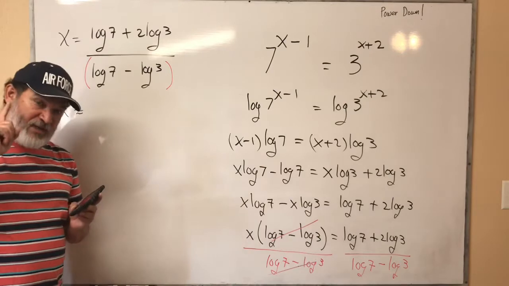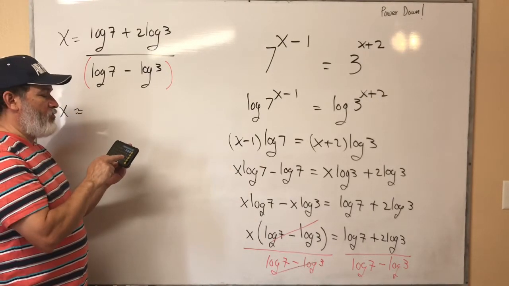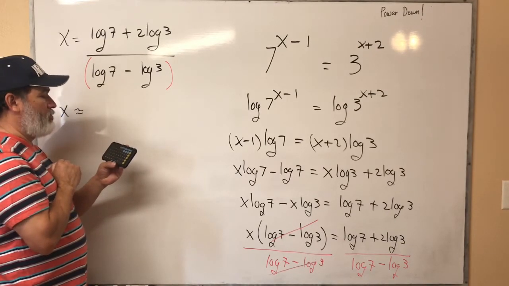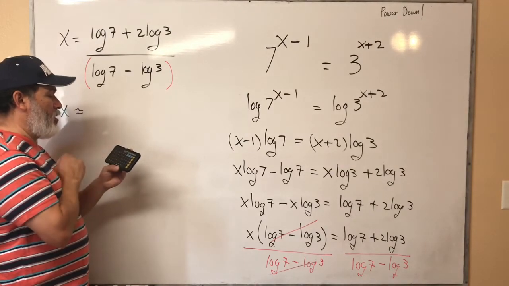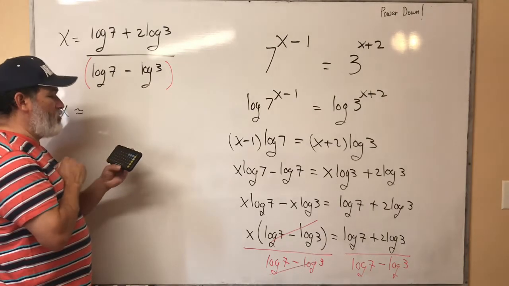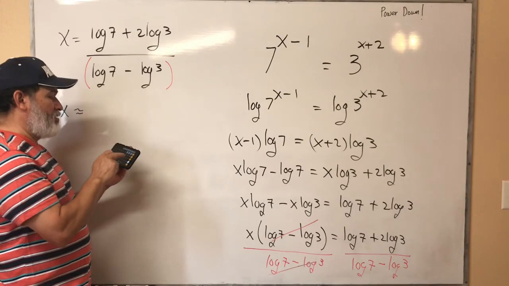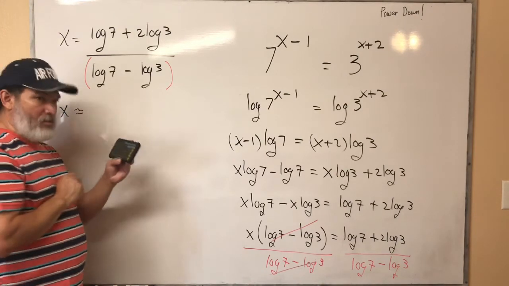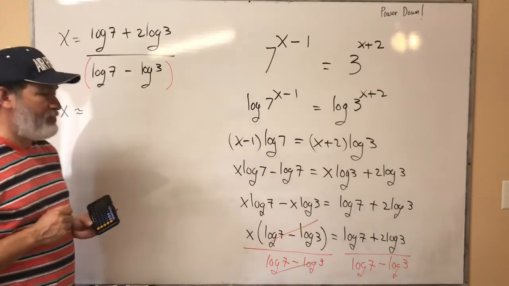I'm going to do it one more time, the last time. 3 the log times 2 plus 7 the log equals, I get 1.8 in the top.